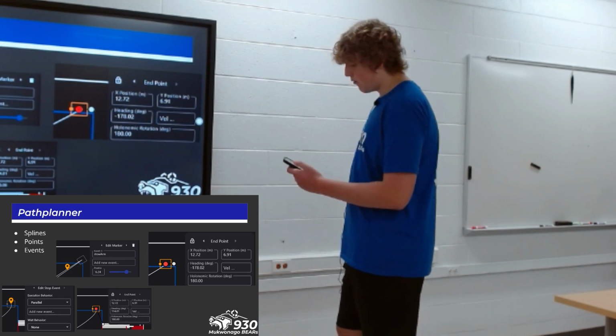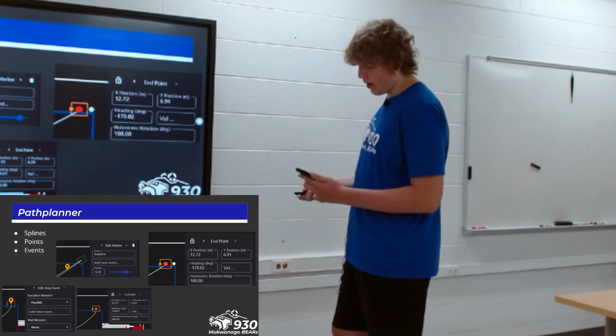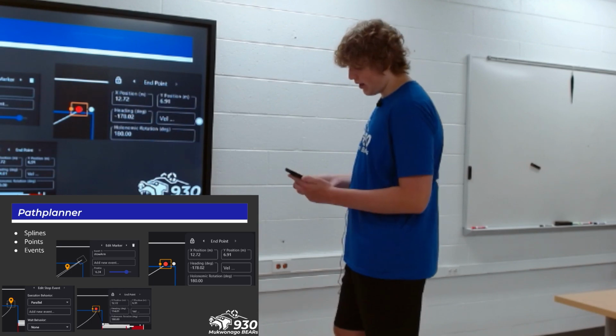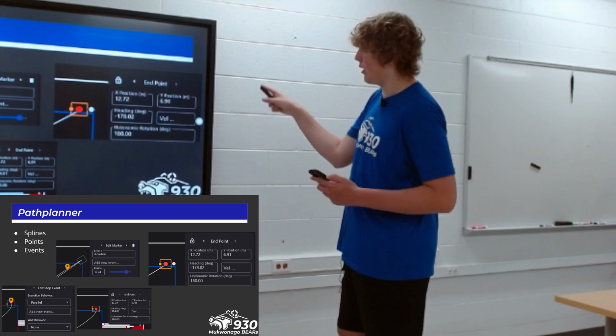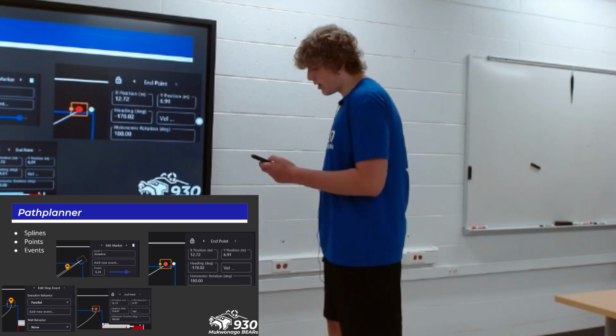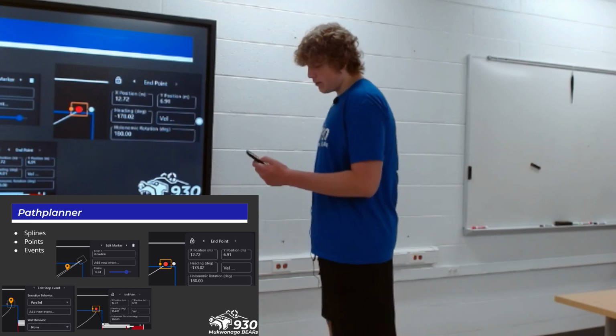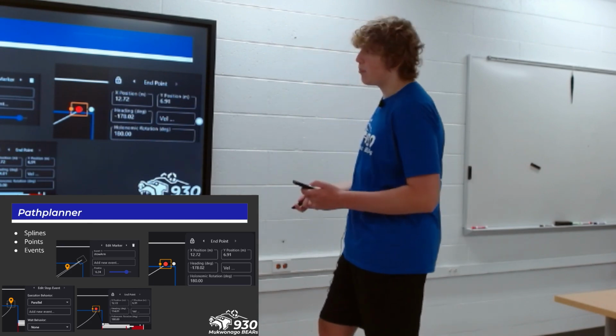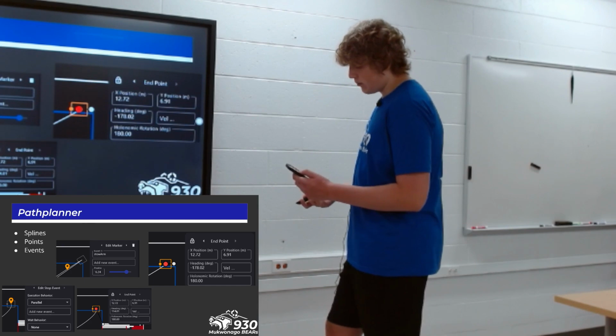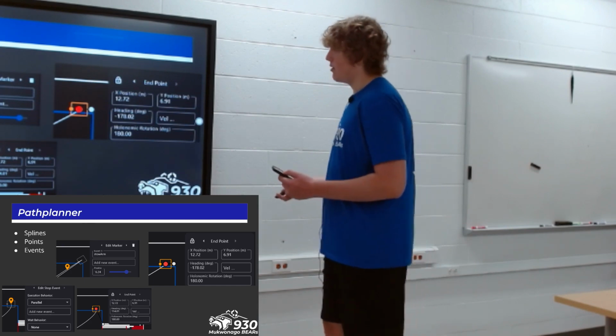You have points, which are different areas where the robot will be present. Also, other points you have are stop points, which will stop when the event has completed.